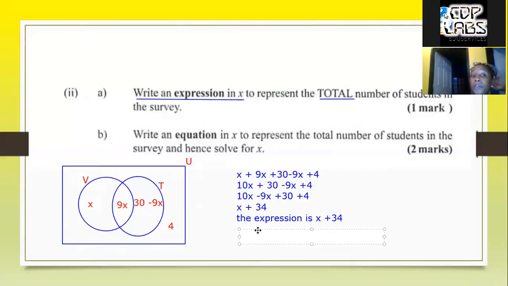But what's really the difference between expression and equation? You must tell me. Make a guess then.